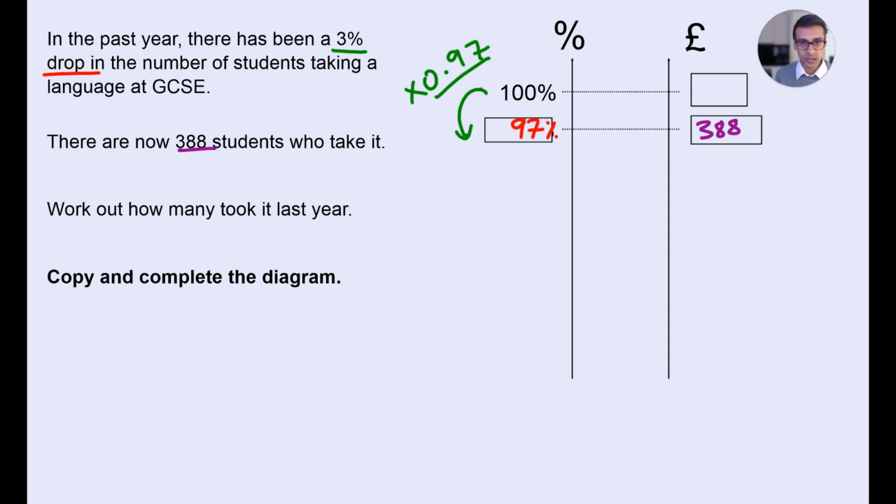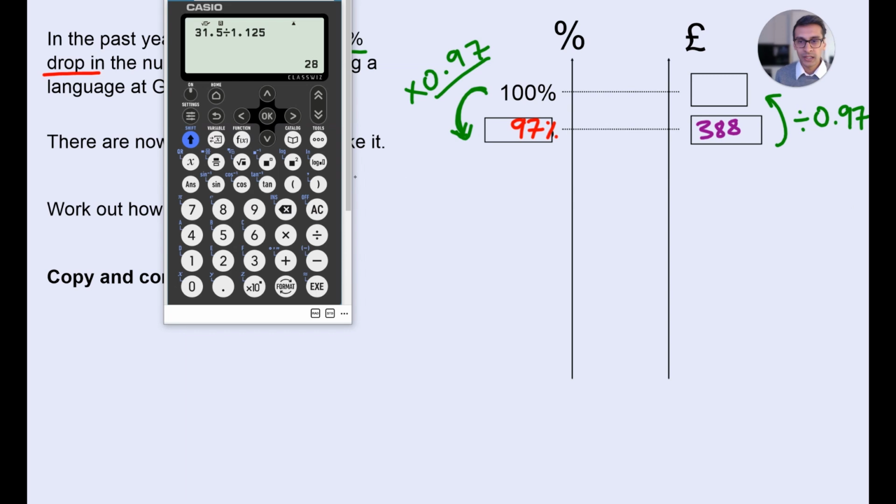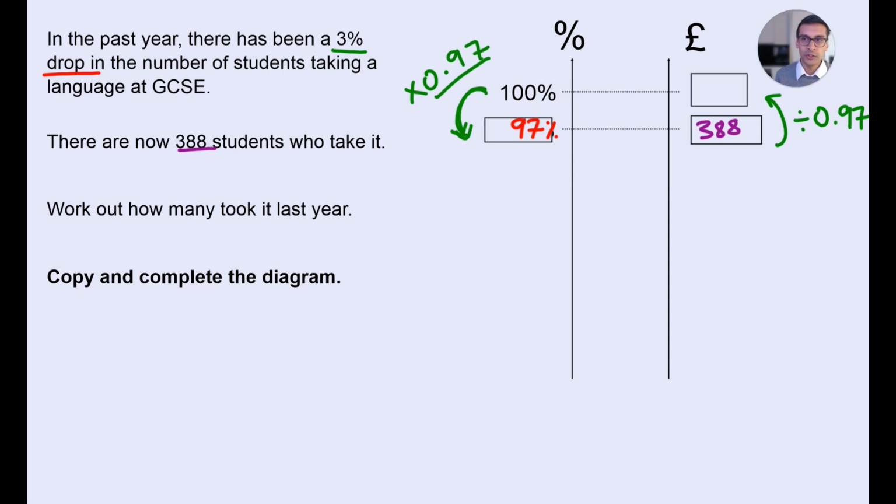So this was multiplying by 0.97. So here we're going to divide by 0.97. Let's put that in our calculator. So 388 divided by 0.97 equals 400. So 400 is our missing value here.